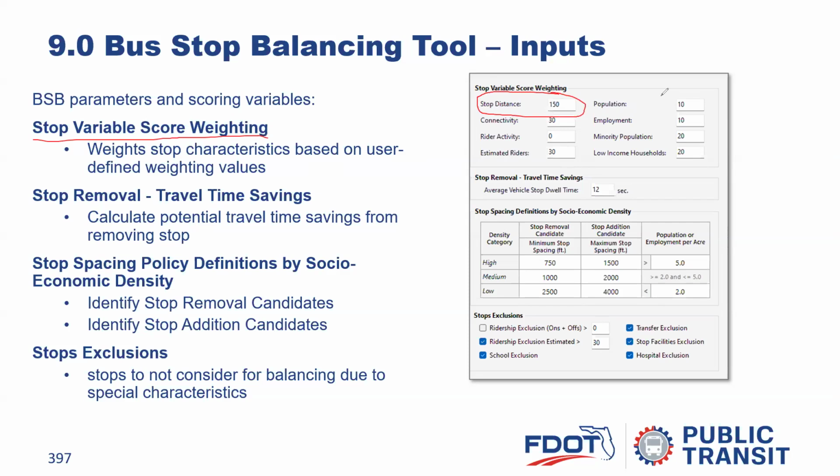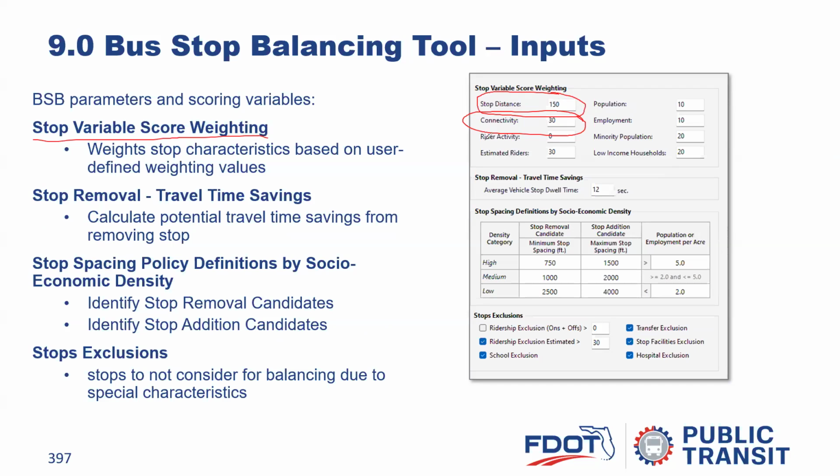They're too close together. We also weight on connectivity. If there is high connectivity, it will have a lower score. If it's low connectivity, it will have a higher score because we're tabulating and weighting these upwards. The poorer the connectivity, the higher the score, because we want the highest scores to be removed.